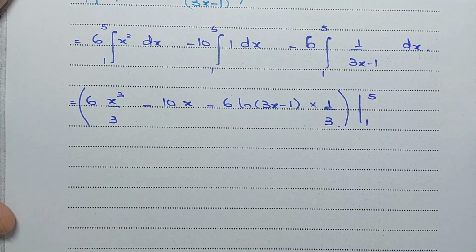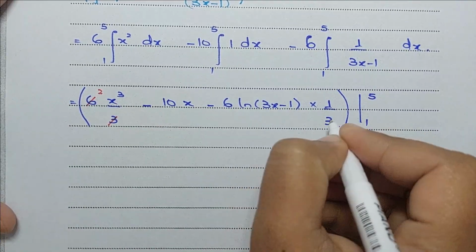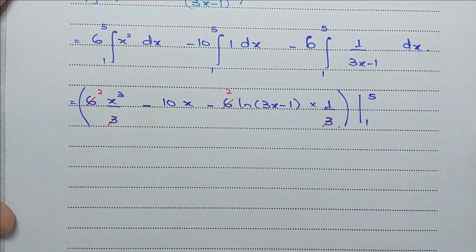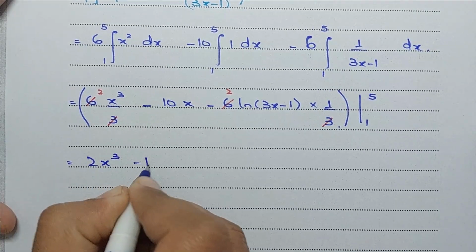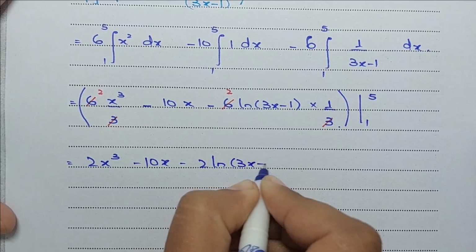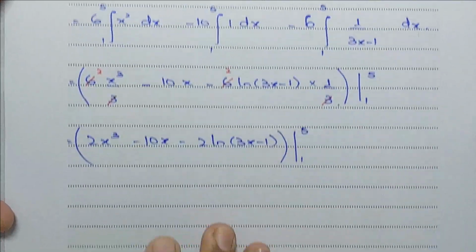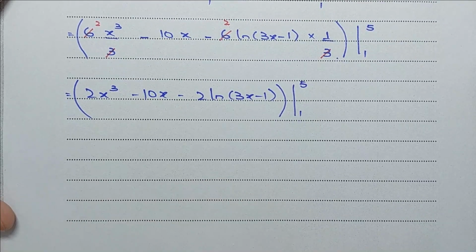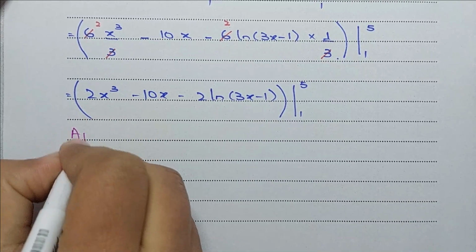Let me simplify this further. 6 over 3 is 2, and 6 over 3 is 2. So we are left with 2x cube minus 10x minus 2 ln(3x minus 1). Now we can easily apply the limits from 1 to 5. The upper limit is 5, the lower limit is 1, right? Now we apply the limits.